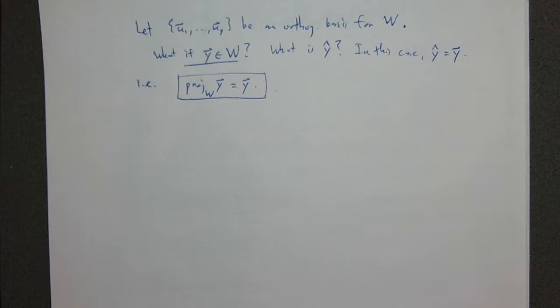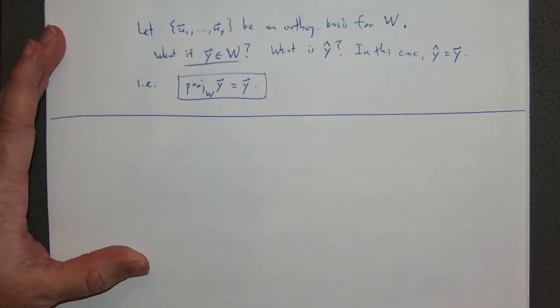If you have a vector y that is not in W, then conceptually what y hat is, we already know it's the orthogonal projection, and we already know that this allows us to write y as a sum of vectors, one that is in W and one that's perp to W. But conceptually, what's nice about the orthogonal projection is that it is the closest vector to y that is in W. So this makes sense why the orthogonal projection of y is itself when y is already in W, because in that case, the closest vector to y that is in W is itself, because it itself is in W. I know that sounds like a mouthful, so I'll go ahead and state this theorem.